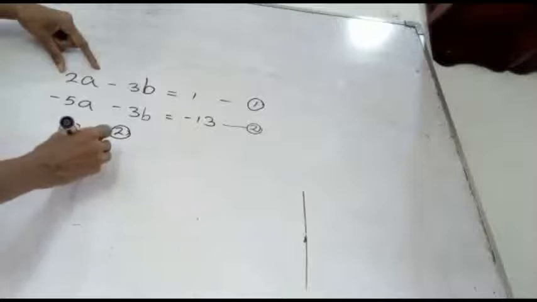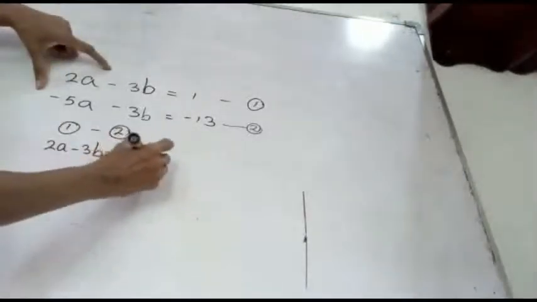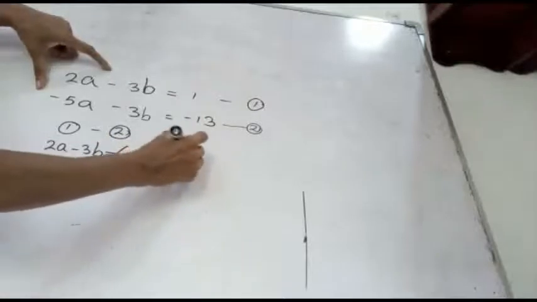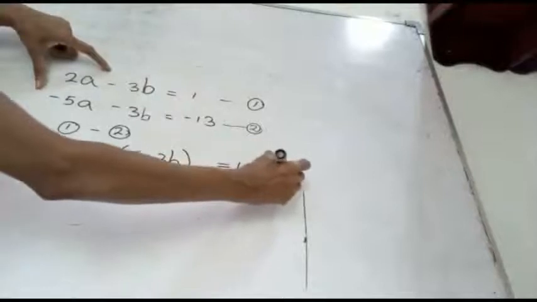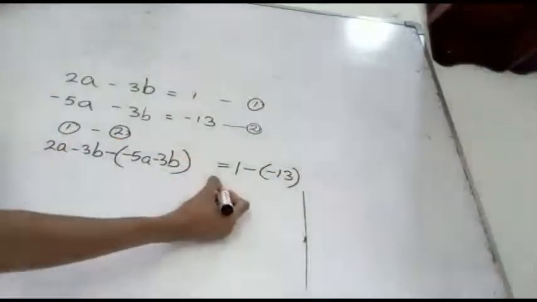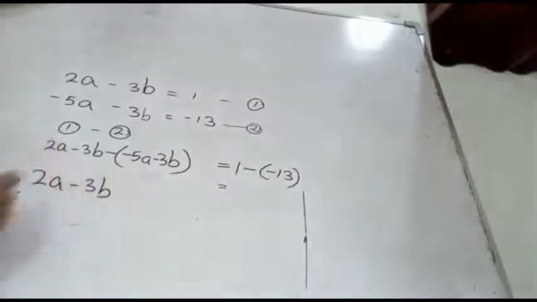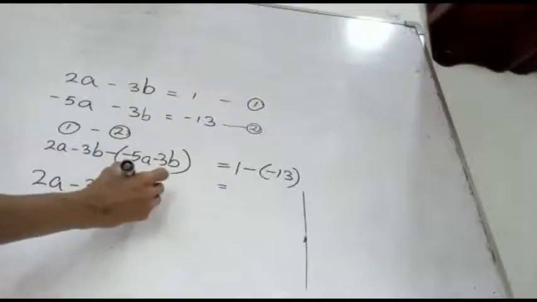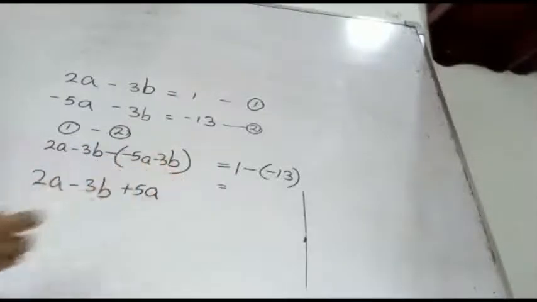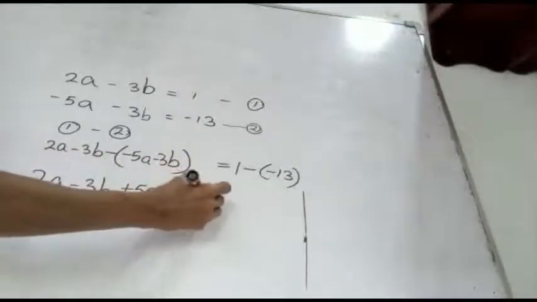2a subtract 3b subtract negative 5a subtract 3b is equal to 1 subtract negative 13. 2a subtract 3b. Negative 5a is changed to positive 5a. Negative 3b is changed to positive 3b.